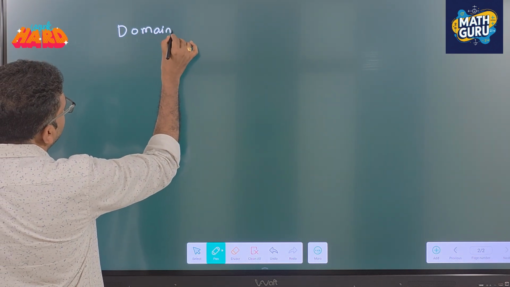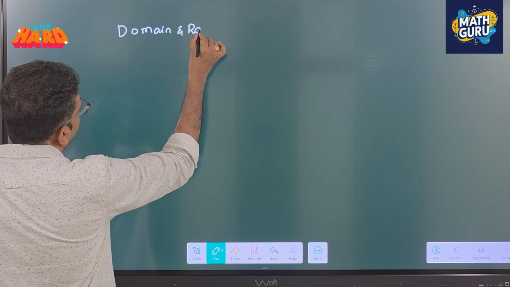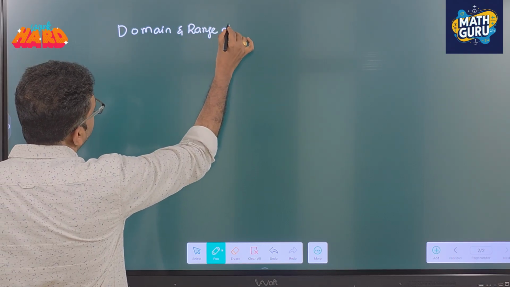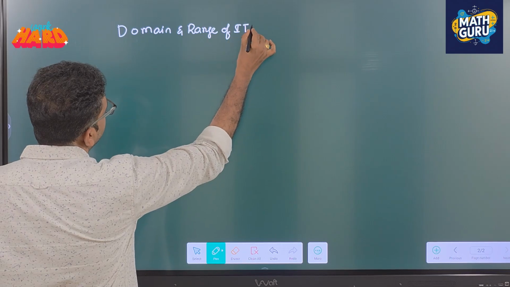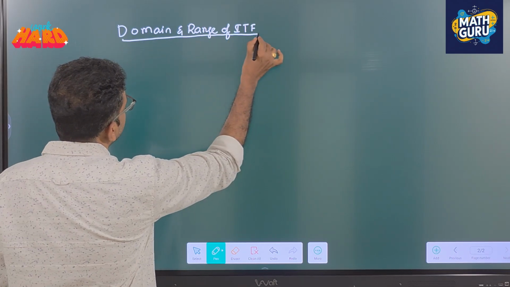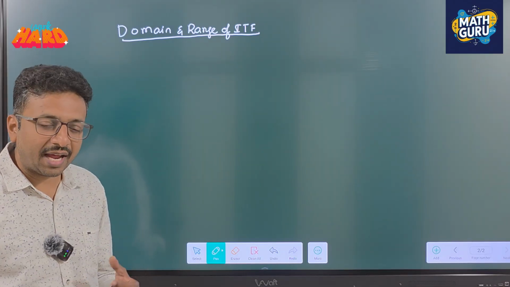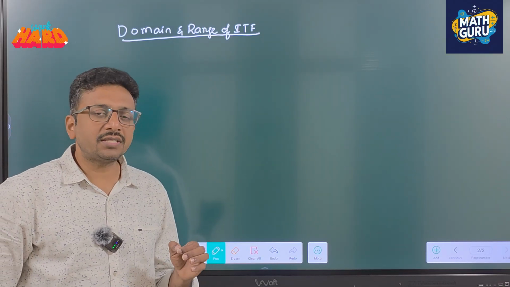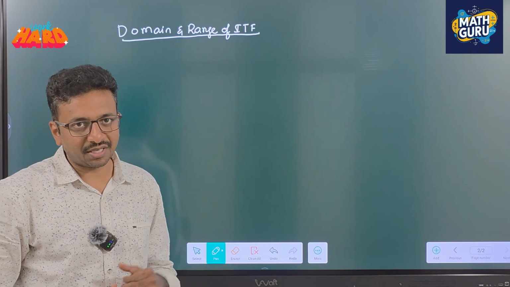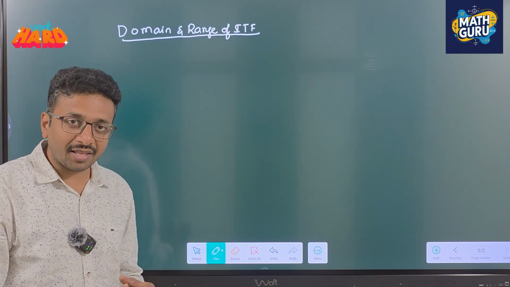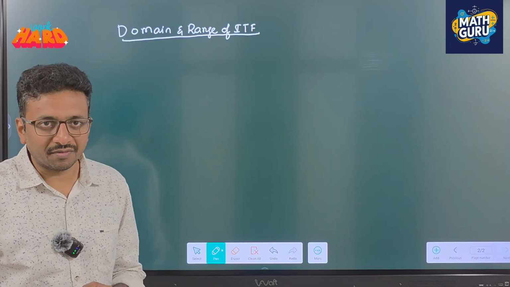So domain and range of inverse trigonometric functions. The first thing that we have to understand is that inverse exists only for bijective functions. Even before going there, what is the meaning of inverse?